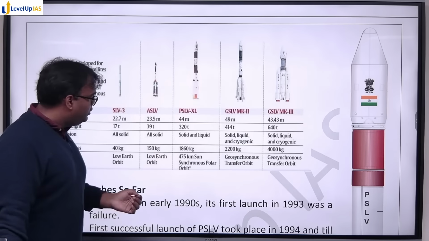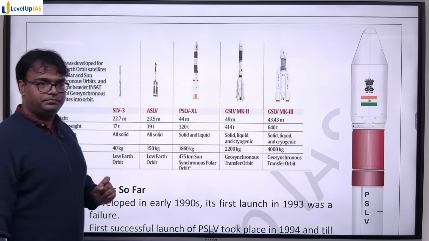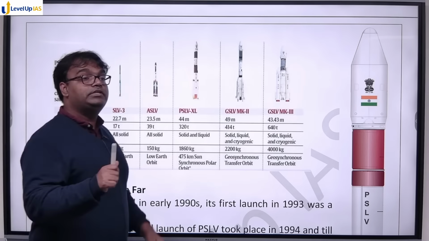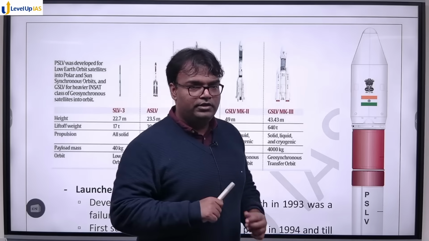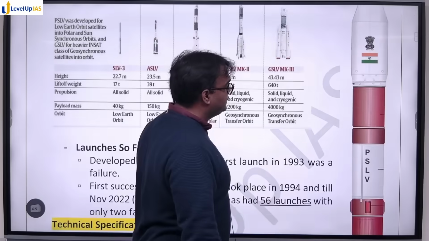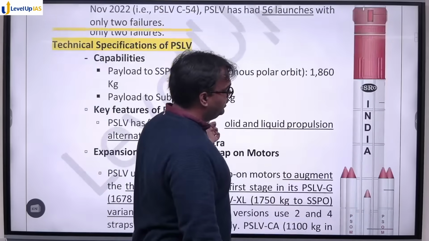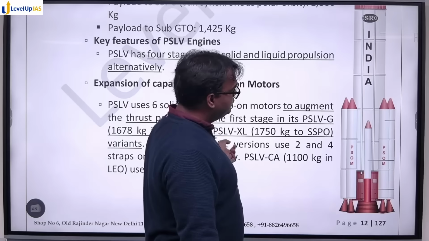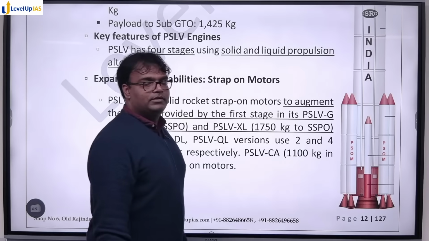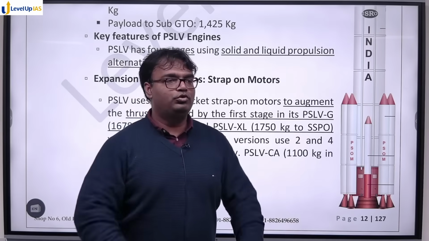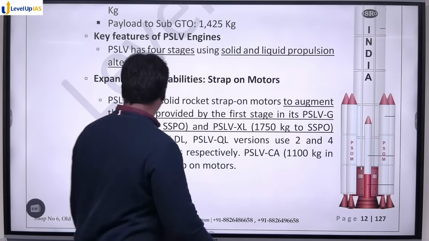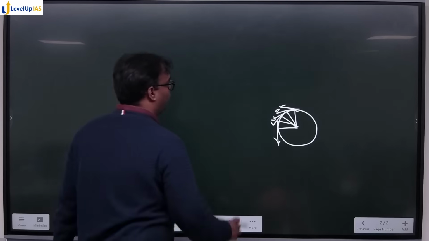Now see, here we have used the term PSLV XL. Let's understand this concept of XL. We said PSLV is an expandable rocket. What happens is this: you see this image of PSLV? In the end, you see some more motors attached. These are strap-on motors, which can be attached or removed.